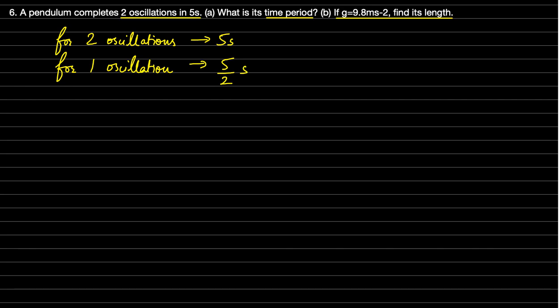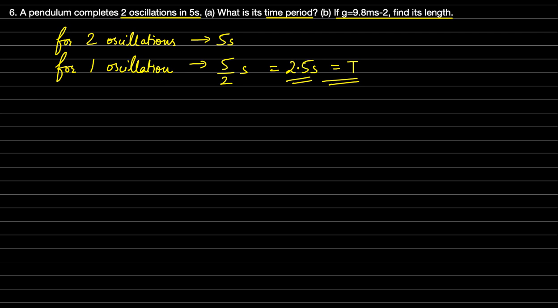So 5 divided by 2 is nothing but 2.5 seconds. So this is our time period. So we got the time period as 2.5 seconds.